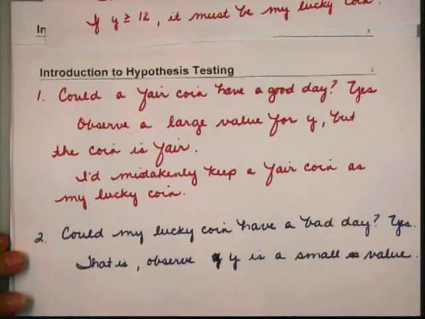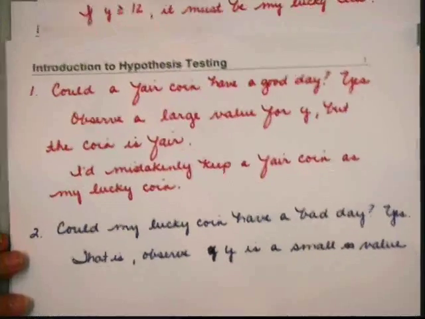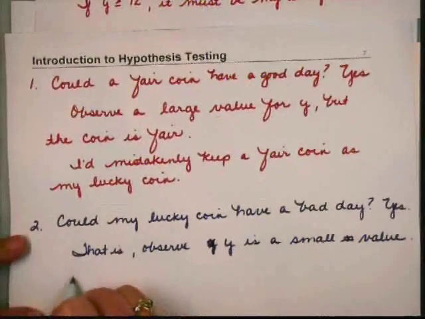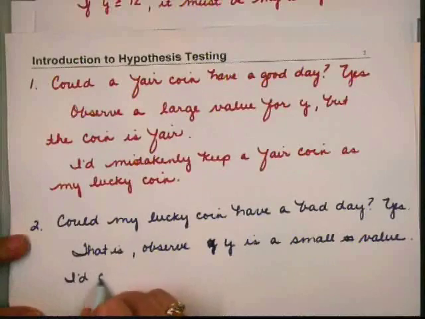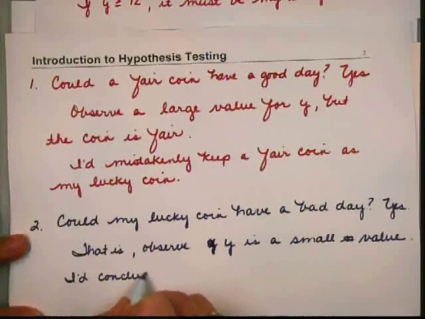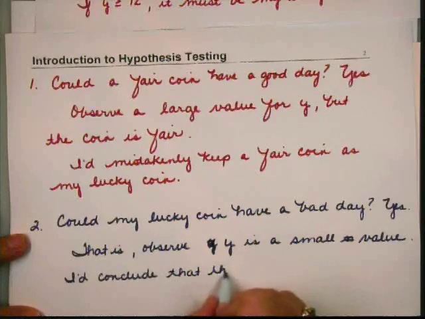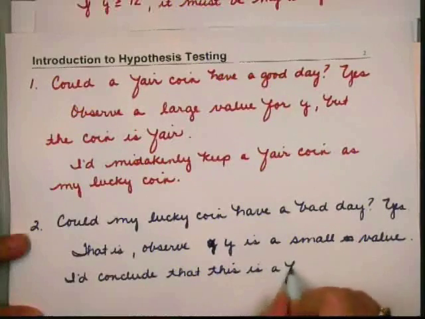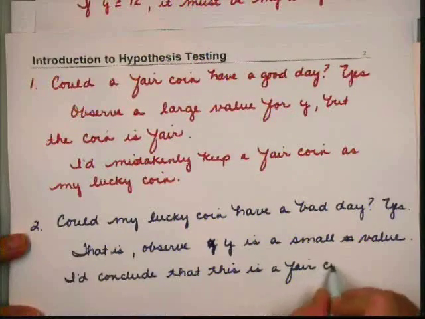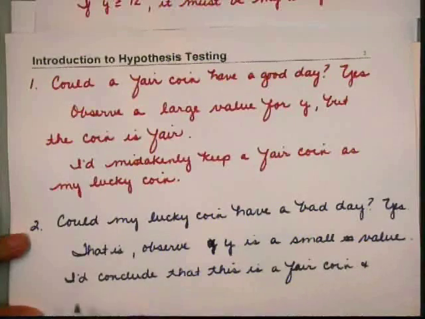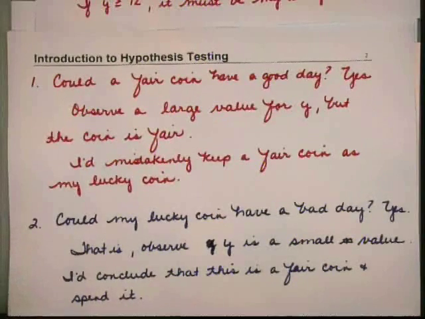And so I would then conclude that what? I'd conclude that this is a fair coin. And I wouldn't keep it, but I'd probably just spend it. Right? So I'm down there at the Coke machine, get my Diet Coke with my lucky coin, and it's gone.